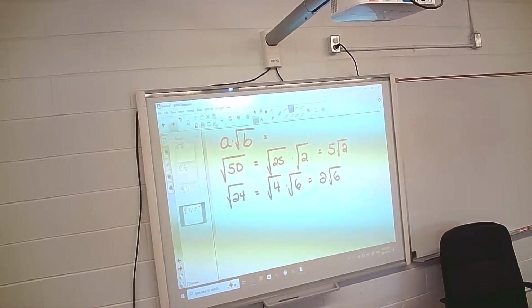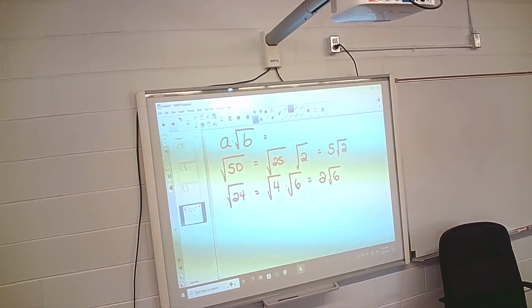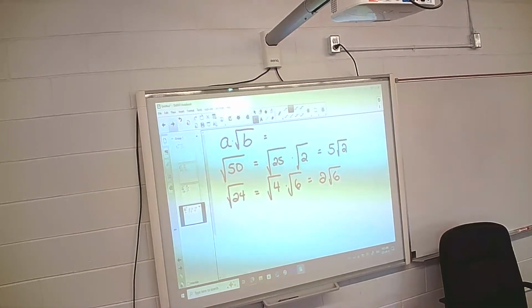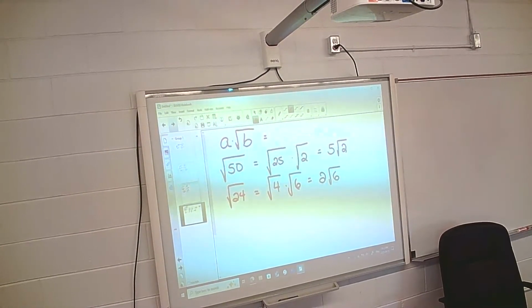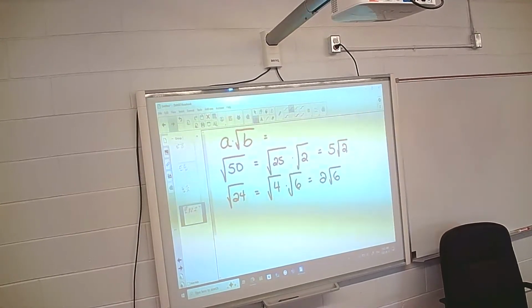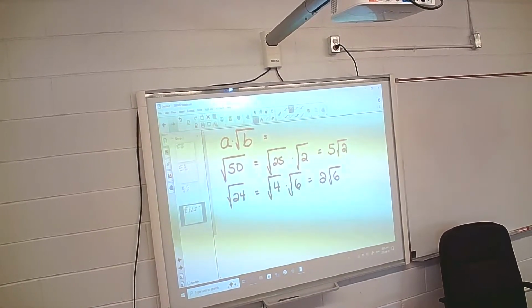Now, I asked you on the first day to write down all of the perfect squares. I would suggest you have that in front of you today. If you have that sheet somewhere, maybe grab it and put it beside you.